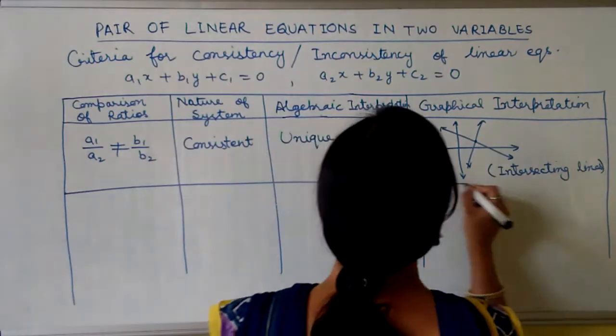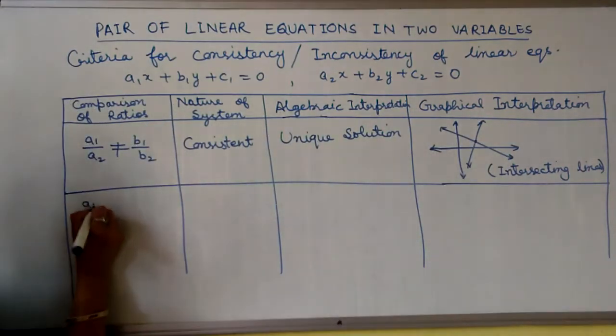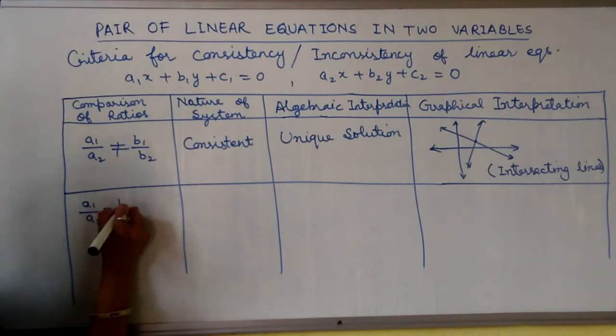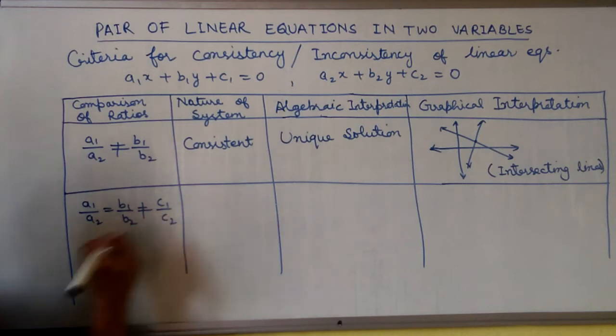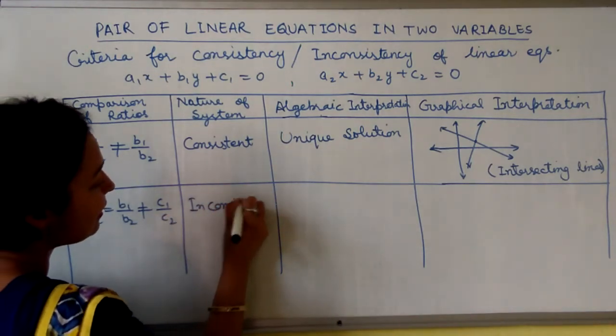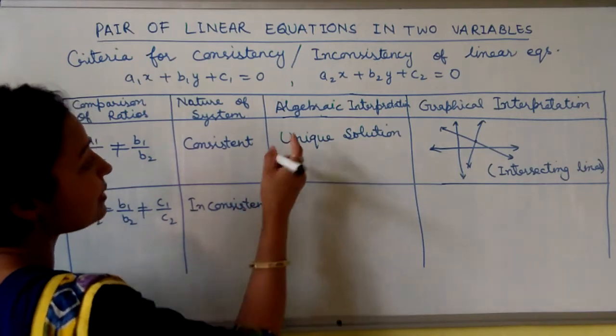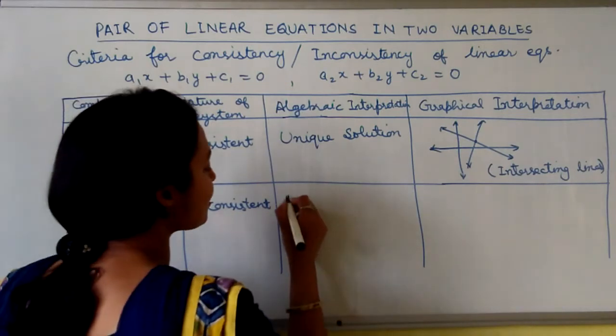Now come to the second part. Second is, we have to take the first two ratios a1 upon a2 equals to b1 upon b2 not equals to c1 upon c2. That means this system is inconsistent, right? And algebraic interpretation says that it has no solution.